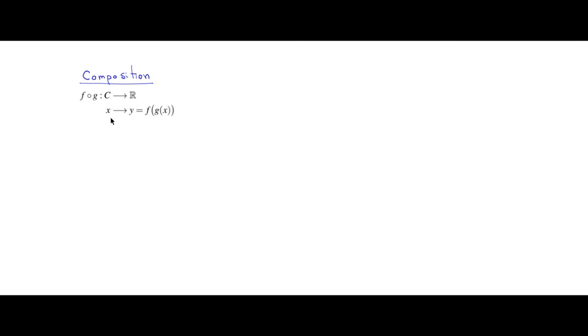So to any number x, the composition applies f of g of x. If we start with x, you apply g, and then you have g of x, and then you apply f, and you get f of g of x. So it's like these two steps in the process.